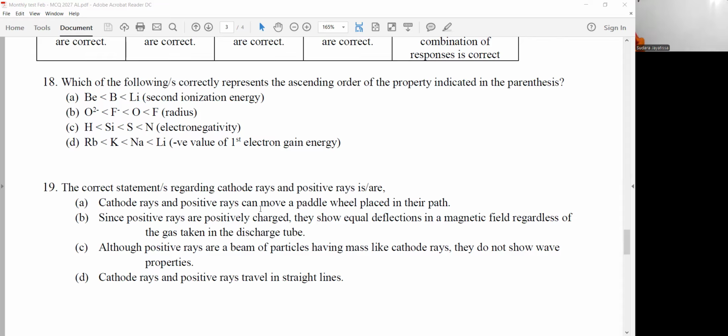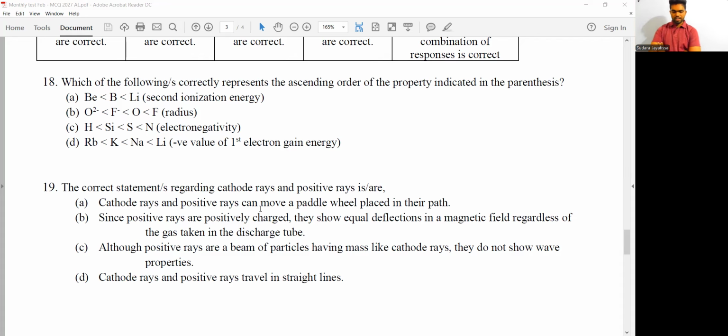And the second one, okay, they can move a paddle wheel. Second one: since positive rays are positively charged, they show equal deflections in magnetic fields. That is wrong. The positive ray deflections are unique to their gas, because their positive ray types may be different. If it is hydrogen gas in the tube, the positive ray is H+.